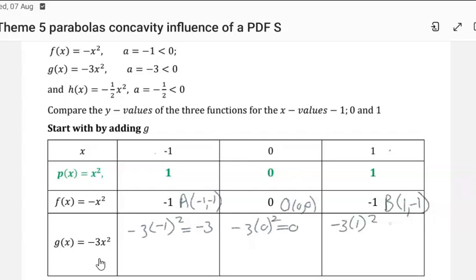There should also be a square, and that will be minus 3. So then we have the point C, which is minus 1, this x value there, and minus 3. We get the origin, and we get the point D, which is plus 1 and minus 3.